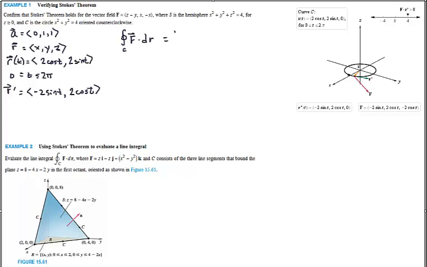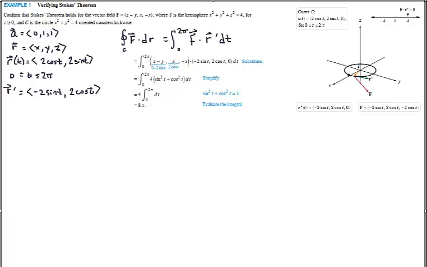This means by definition it's going to go from 0 to 2 pi, and we're going to dot product our field vector with that derivative of our r vector. Then just substituting in for our vector field and for our r prime, doing a little bit of manipulation, a dot product, then we integrate, and we'll get 8 pi.